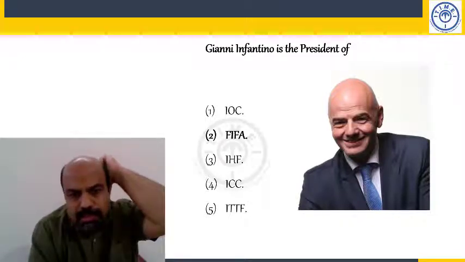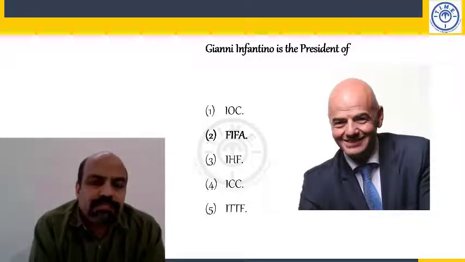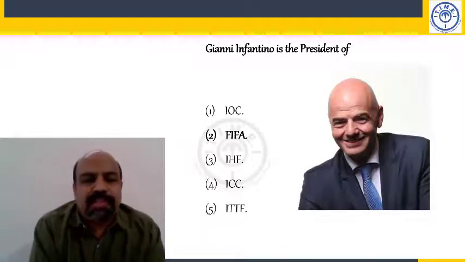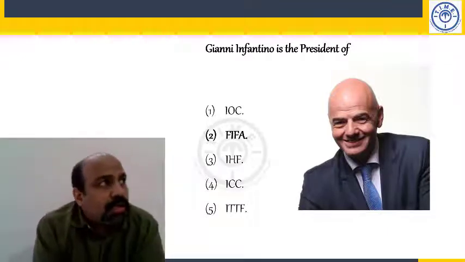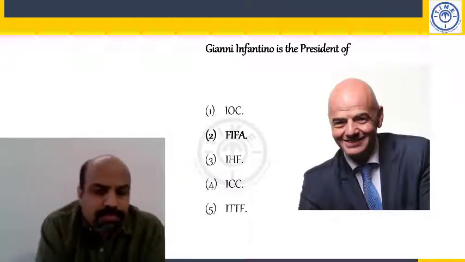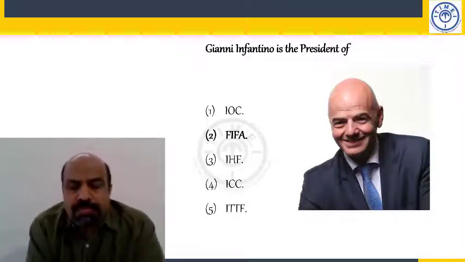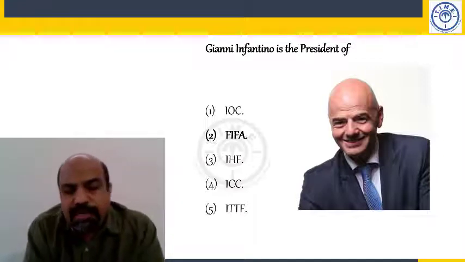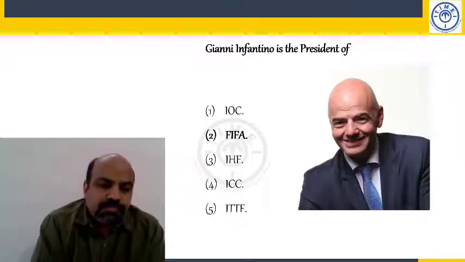Next, IHF. IHF is International Hockey Federation. Normally they write it as FIH, but we have taken the English form. Established 1924.